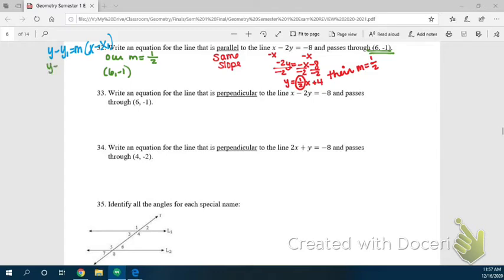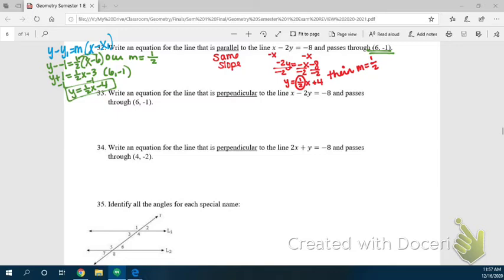Y minus, the y in my point is -1, equals m, which is 1/2, times x minus the x in my point, which is 6. When I distribute, first of all, minus a negative will turn into positive. So we have y plus 1 equals, when I distribute, I multiply that 1/2, and then I'll move the 1 over. So my answer for this one is y equals 1/2 x minus 4.